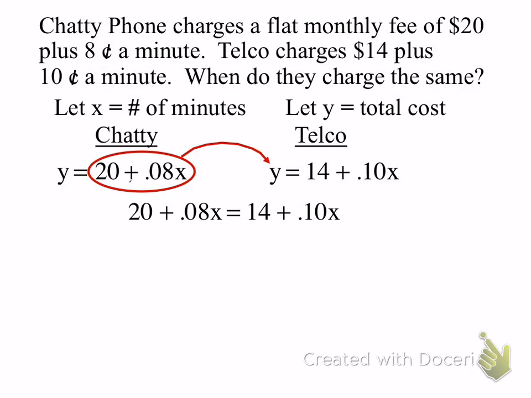Now, personally, I would clear my fractions. My PowerPoint doesn't do that, so I'll do it here. I would clear the decimal, or fraction, and multiply by 100, so I get 2,000 plus 8x equals 1,400 plus 10x.